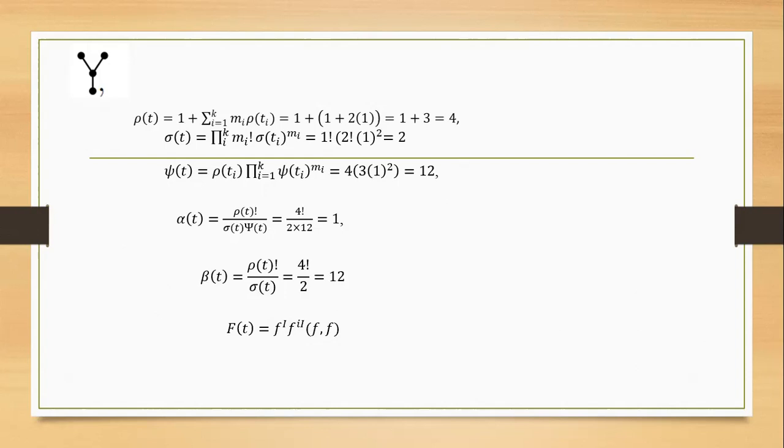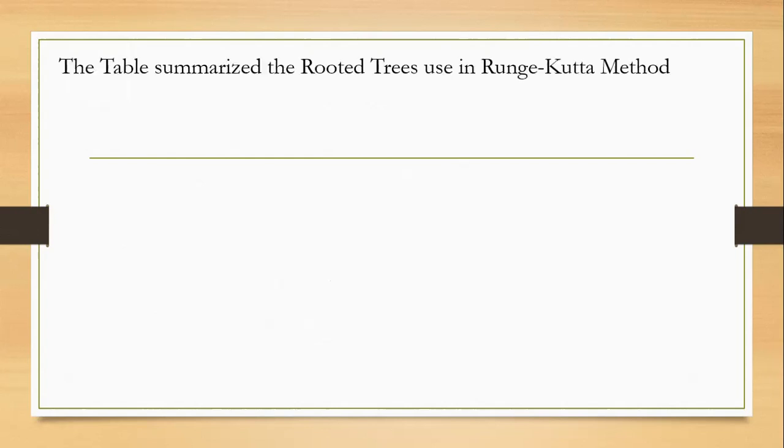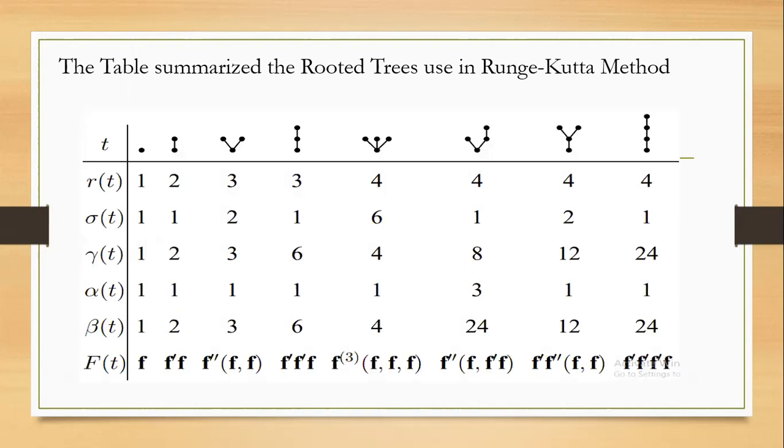Now, I'm going to show a table that will summarize the order, symmetry, density, and the conditions of the trees, summarizing all the calculations that I showed above. Now, let's look at the summary.